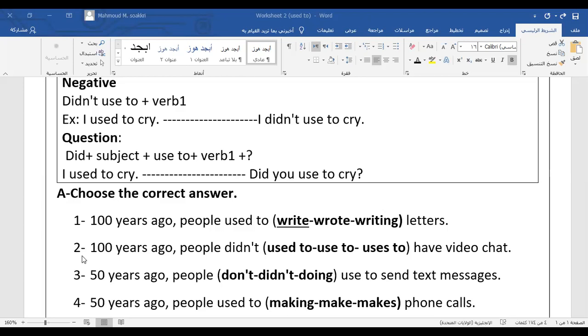What is your answer, please? Used to. Used to is the correct answer. Remember, students, when we use "didn't" in the negative sentence, we cut the final D. We say "didn't use to."